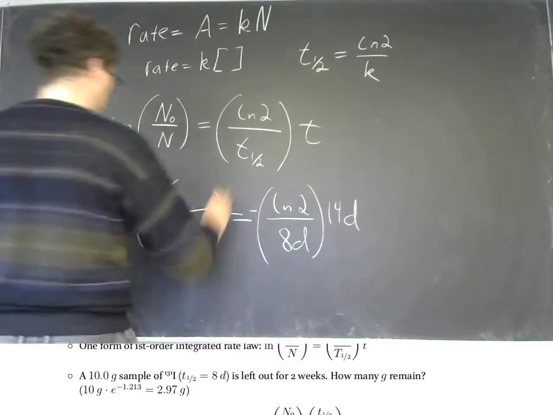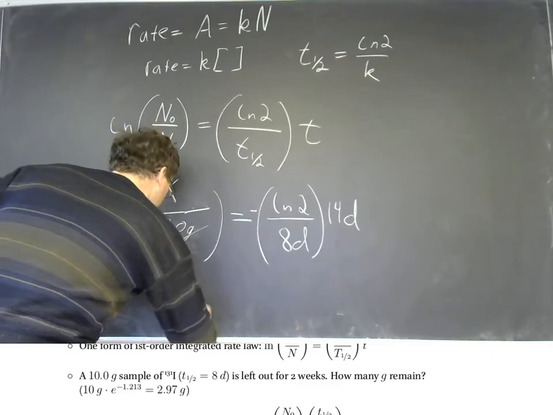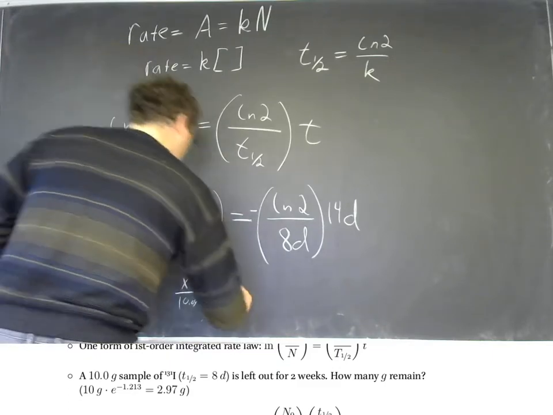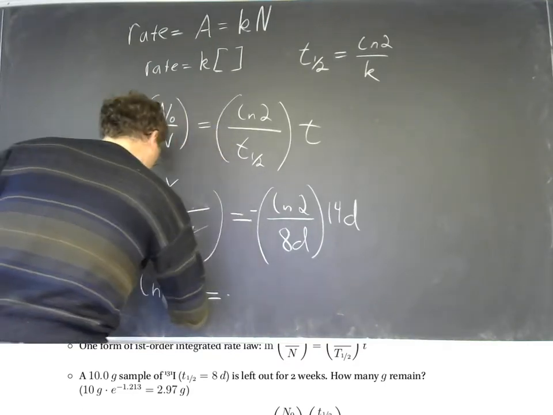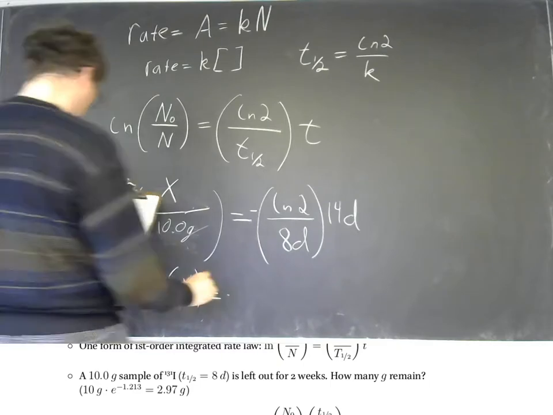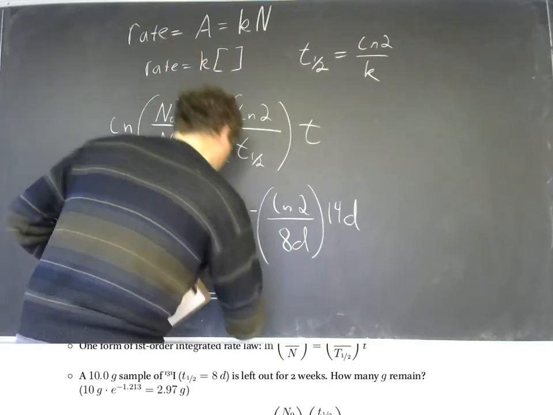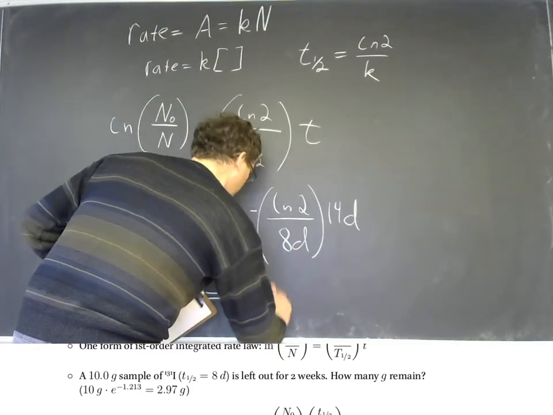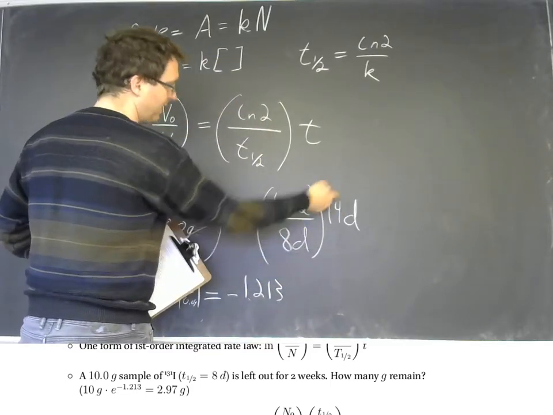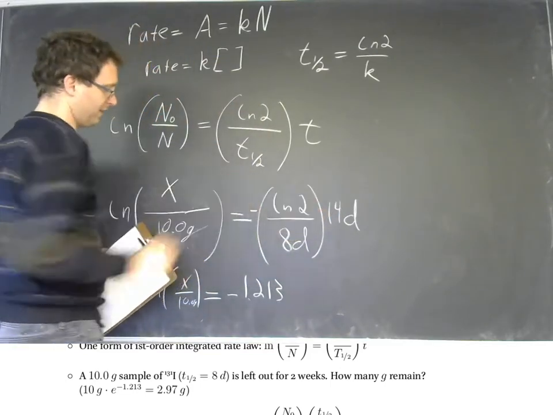And so X over 10.0 grams, the natural log of that is going to equal negative 1.213. So that's natural log of 2 divided by 8 times 14 and a negative.